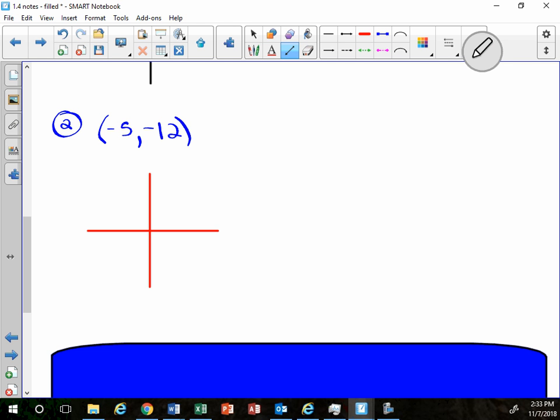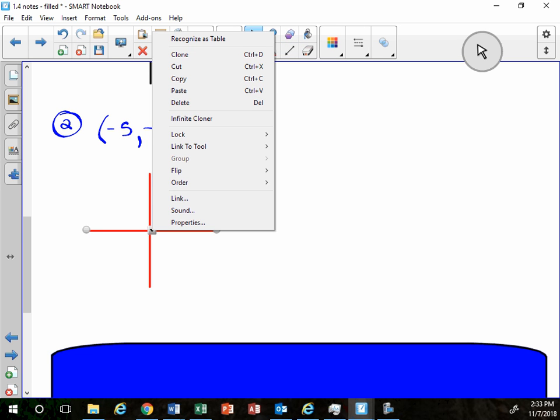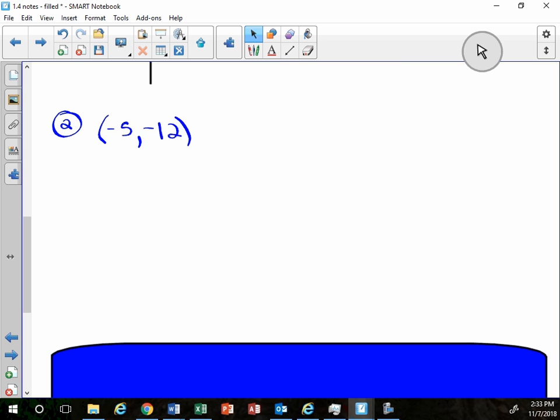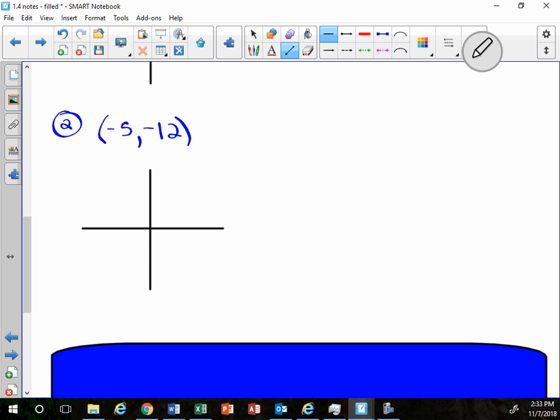Someone said 17 squared, but you don't add the 5 and 12. You add 5 squared and 12 squared, which is not the same as 17 squared.